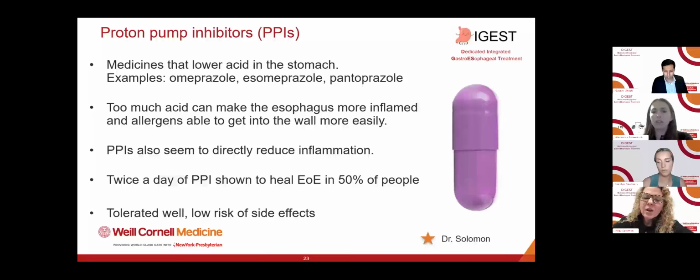But on the flip side, there's another mechanism that these medications treat. They treat not only by blocking acid, but they block this inflammatory response that stimulates these eosinophils, these white blood cells, from coming into the esophagus. So they work in two ways.